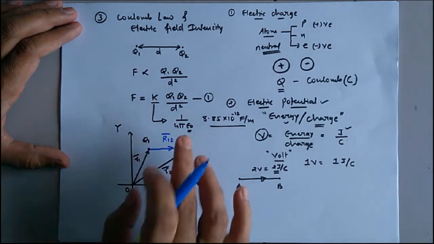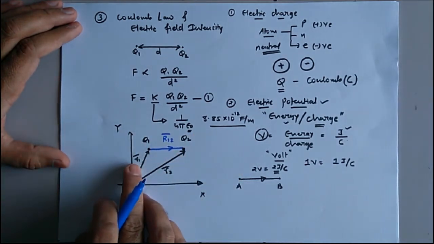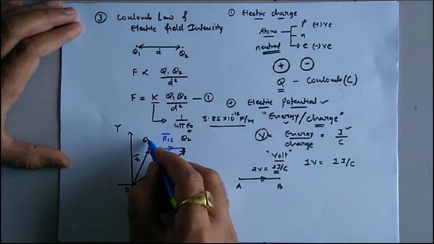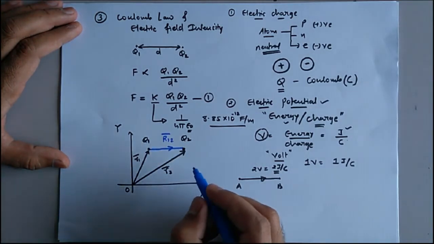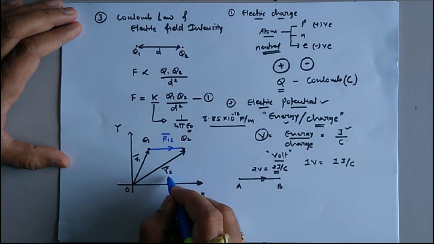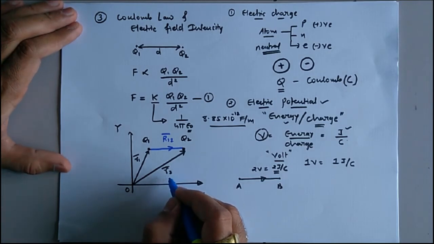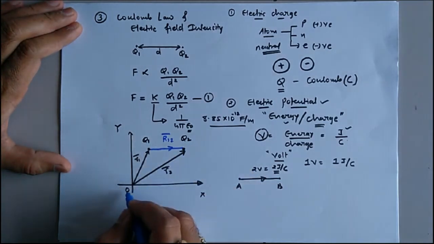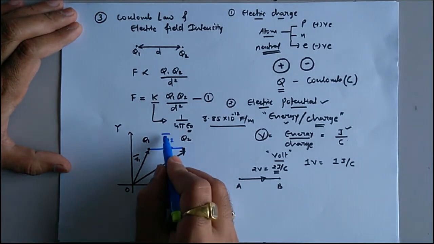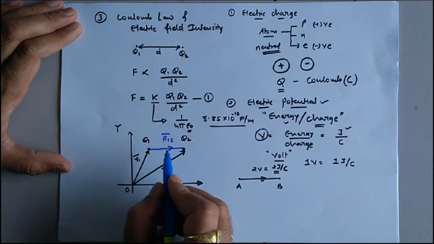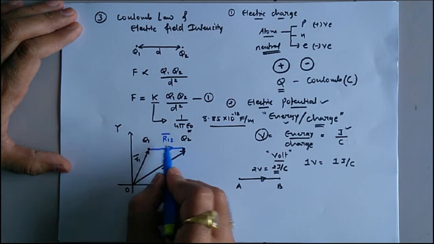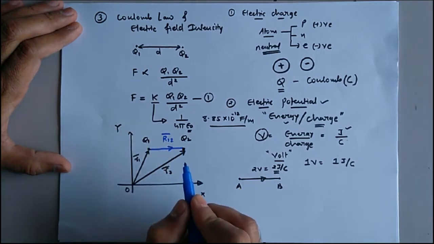From this figure it is very clear that small r1 bar indicates a position vector, the position of charge Q1 with respect to origin. Similarly, small r2 bar indicates a position vector, the position of charge Q2 with respect to origin, and capital R12 bar indicates a distance vector, the distance between charge Q1 and charge Q2.